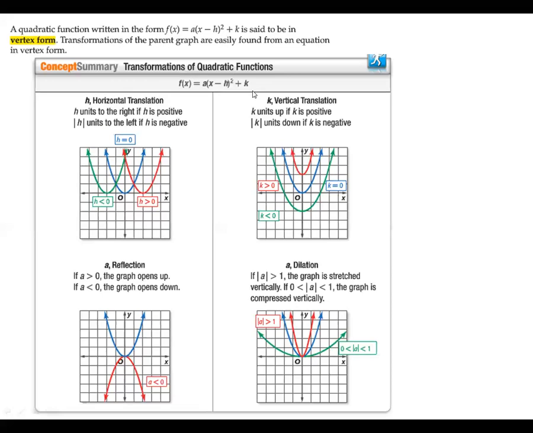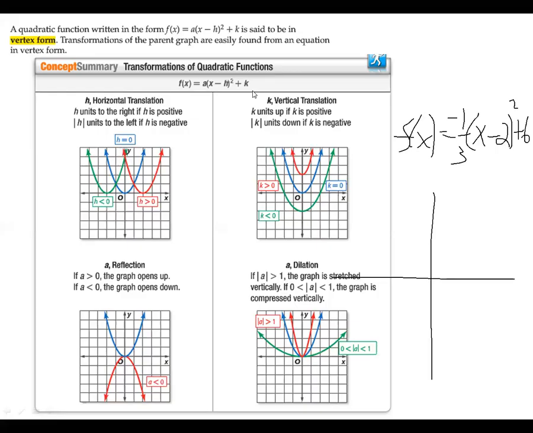So basically, for example, if I had f of x equals negative 1/3 times (x minus 2) squared plus 6, I know that I would take the graph of x squared and shift it 2 units to the right and 6 units up.